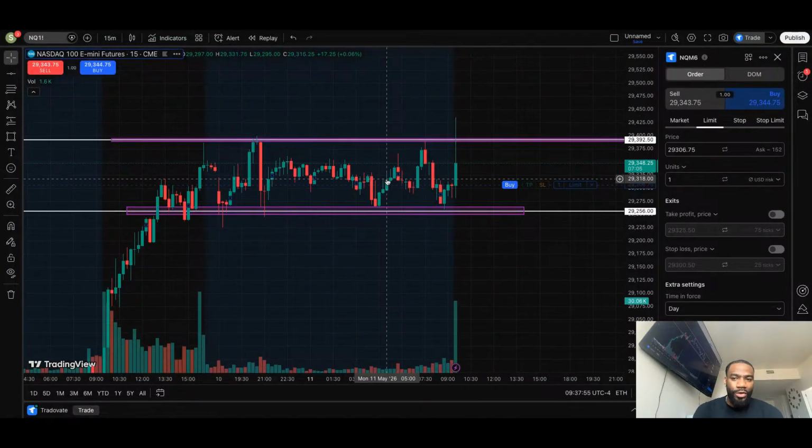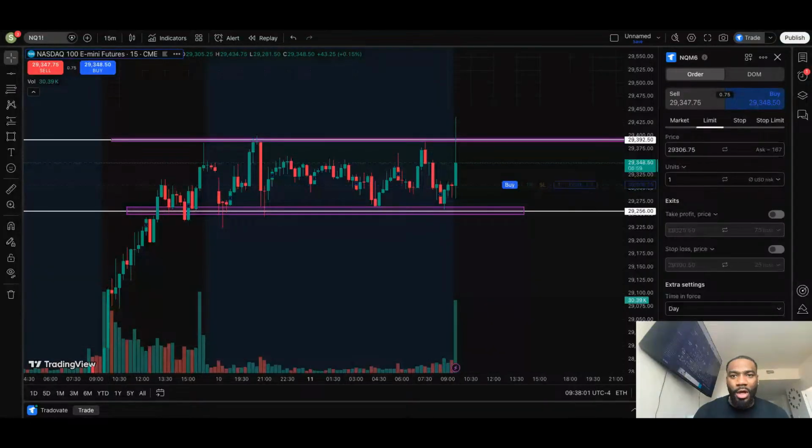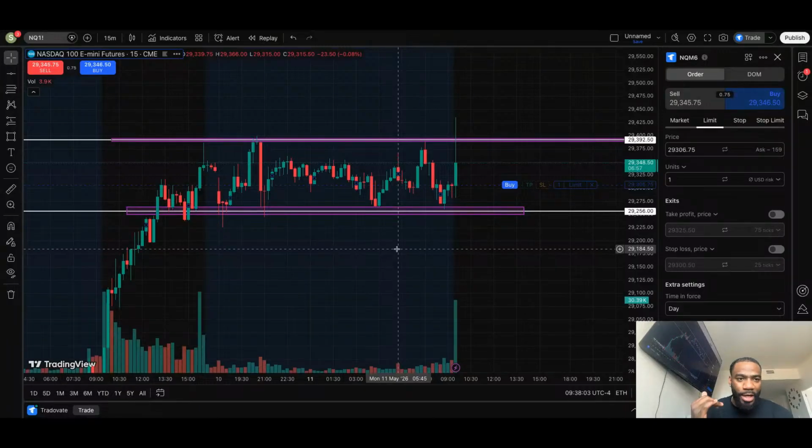I was trying to bring up Finviz, but it's not going to pop up because I can only share the chart. But basically, it's just the price of whatever index or commodity or company that you're deciding to trade.